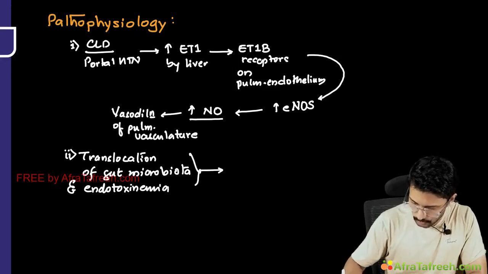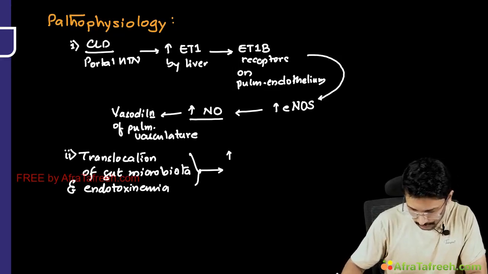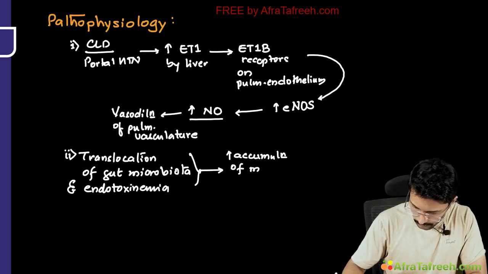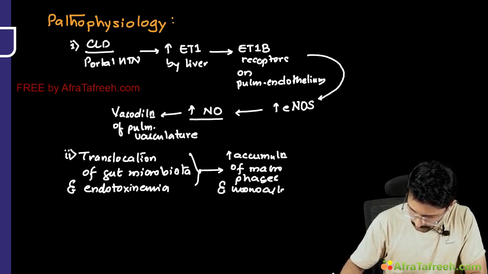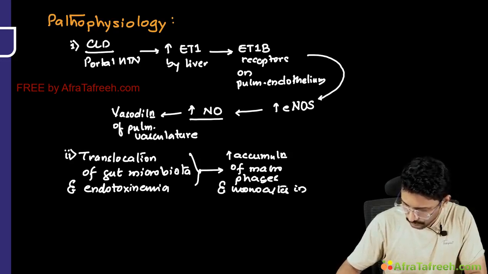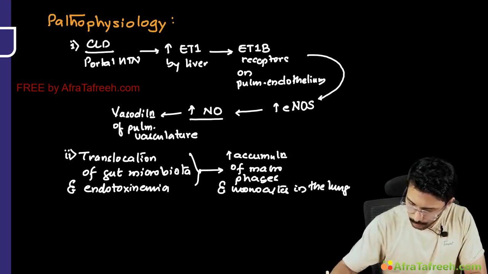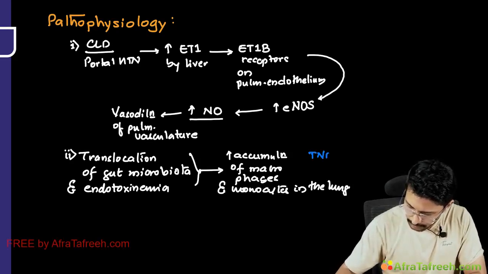So this can lead to increased accumulation of macrophages and monocytes in the lung. Okay, obviously there is an important role of TNF alpha here.